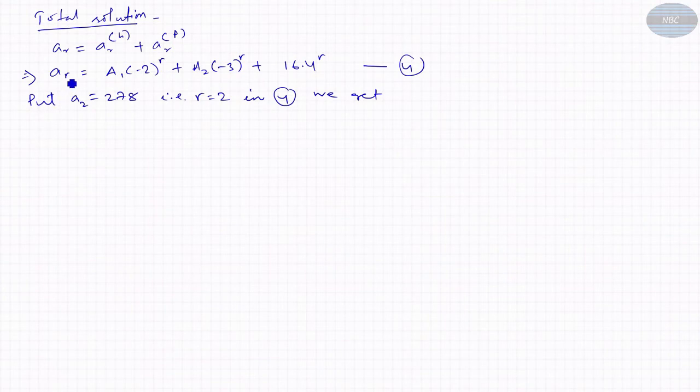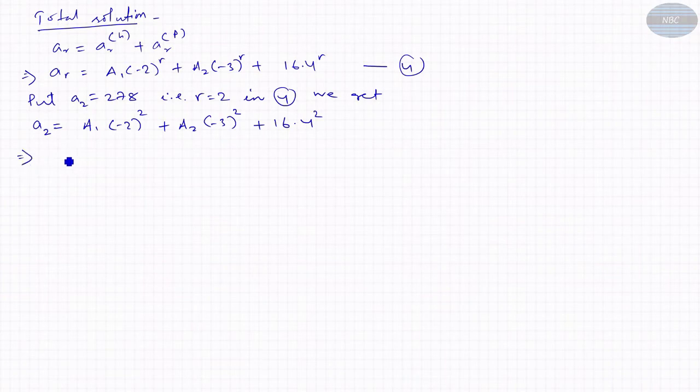So put the value of r is equal to 2 here in this equation 4. So we have A2 is equal to A1 minus 2 to the power 2 plus A2 minus 3 to the power 2 plus 16 into 4 square.